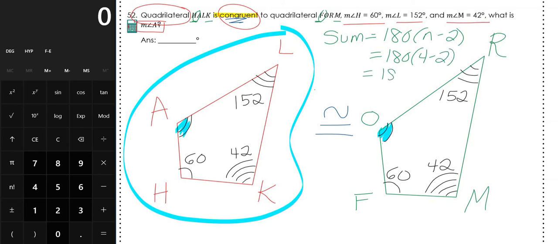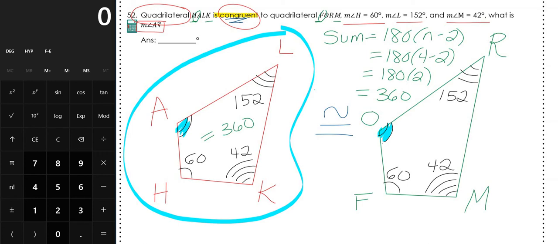In other words, 180 times 2, which is 360 degrees. So all the inside angles should add up to 360 degrees. So all we need to do is figure out what's left for angle A if we've already taken up 152, 42, and 60.